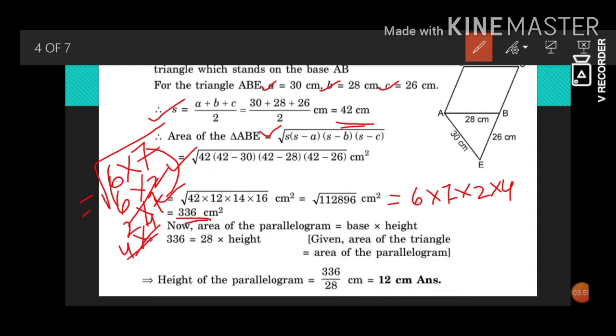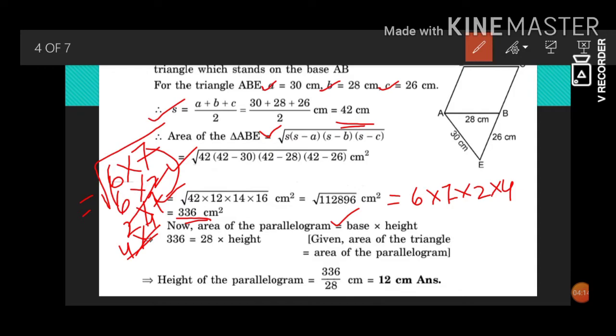Now in the question it is given that the area of the triangle is equal to the area of the parallelogram, and we know the area of the parallelogram can be found by base into height. Base is nothing but 28, that is one side of the triangle, and we need to find the height.